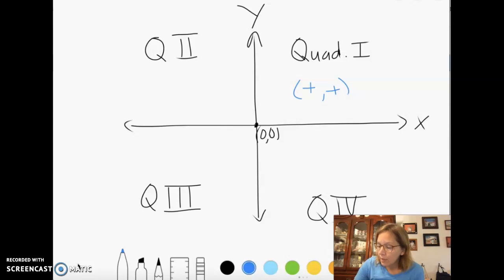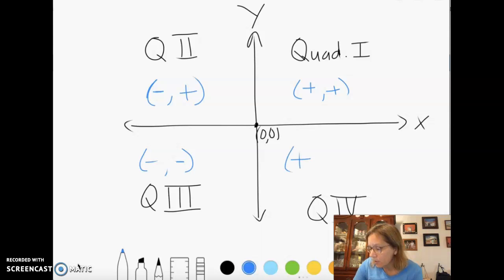When we move over here, our x is negative, but our y is still positive. When we move to quadrant 3, everything is negative. The x and the y are both negative. And when we move to quadrant 4, the x is positive, but the y is negative.